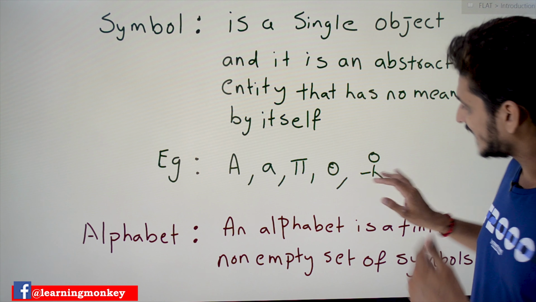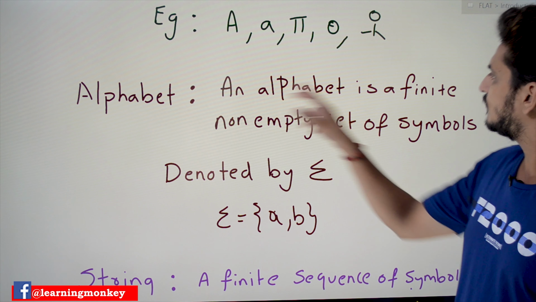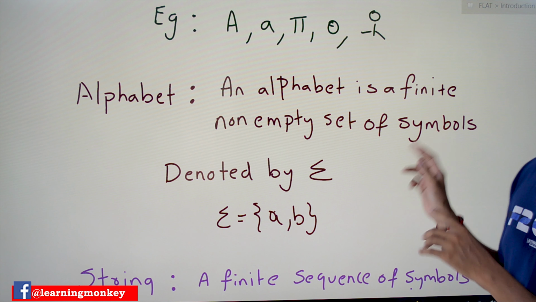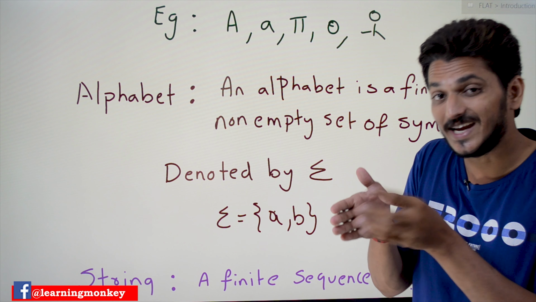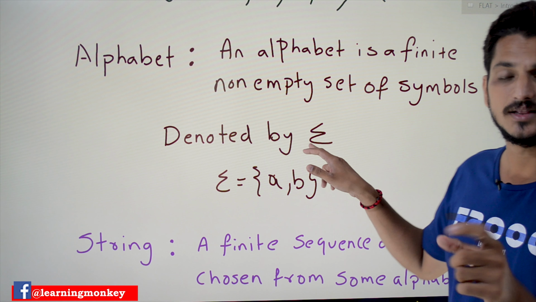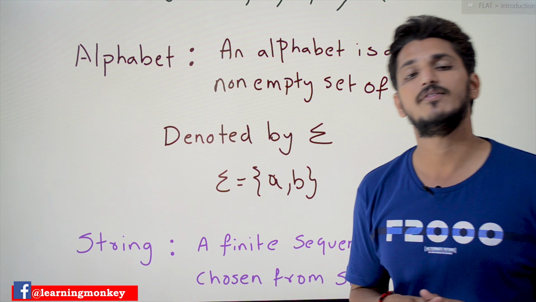Coming to our next definition, alphabet. An alphabet is a finite, non-empty set of symbols, and it is denoted by sigma. This sigma is used in our DFA definition.